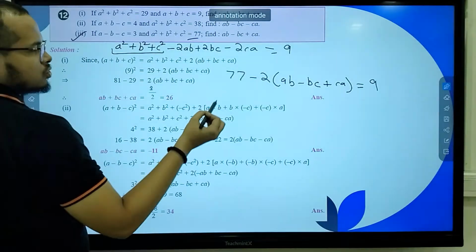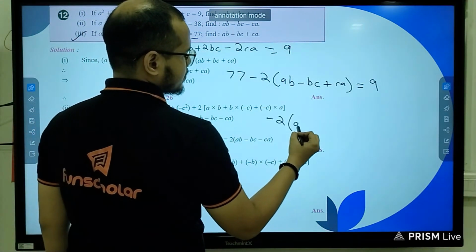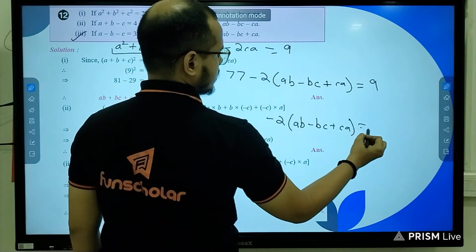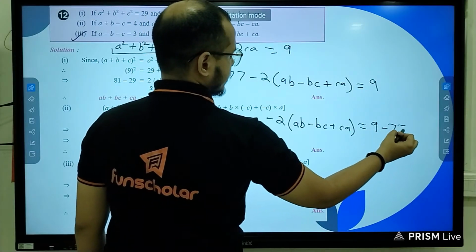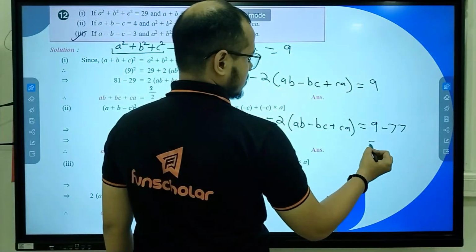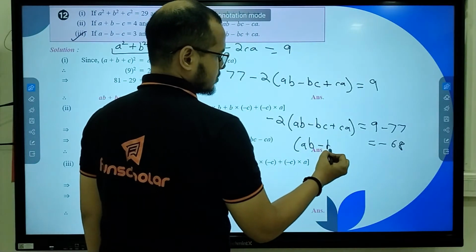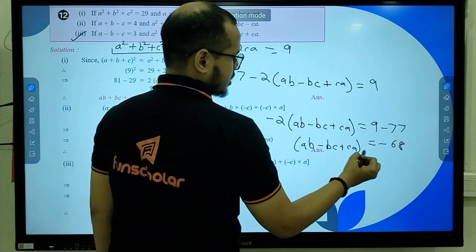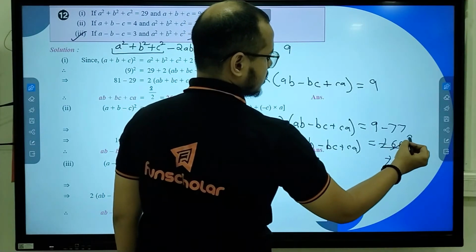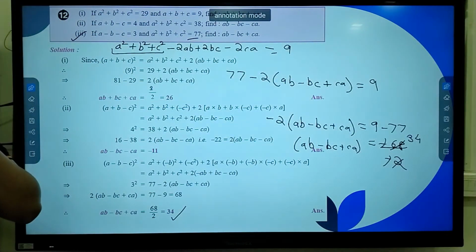I took minus 2 common from those. So remaining with what? Minus 2 times AB minus BC plus CA will give us 9 minus 77. So that will give us minus 68. So AB minus BC plus CA will give us minus 68 divided by minus 2. Minus 1 cancelled out, this comes out to be 34. That is the answer.